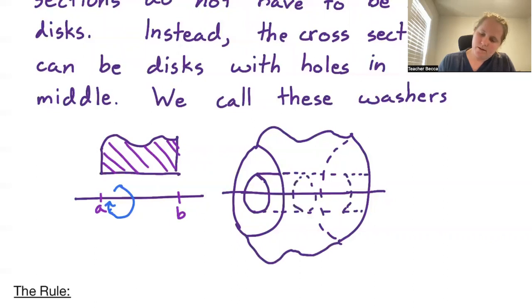And we essentially have a long donut, basically, with a hole through the middle. And so our cross sections here will be our washers.